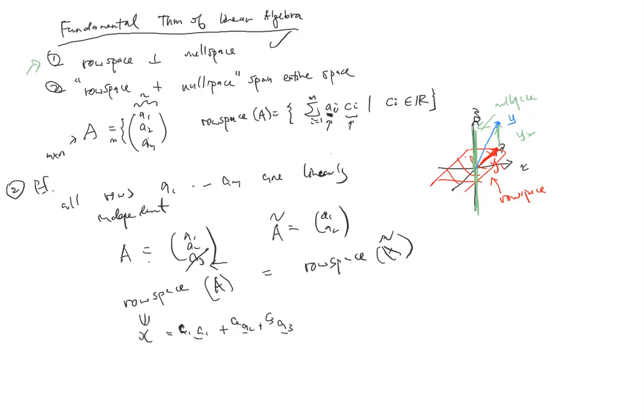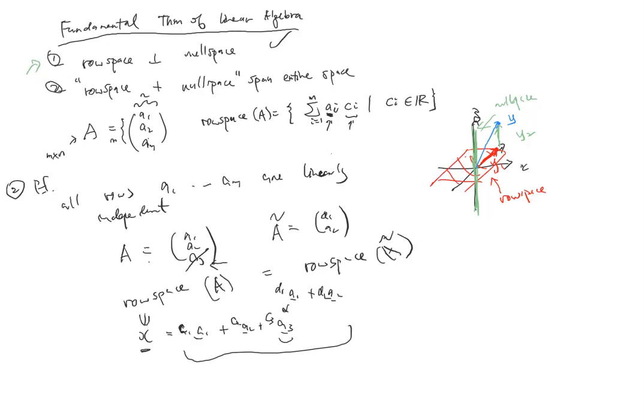So now, because A3 is just a linear combination of A1 and A2, I can just replace this by some D1 times A1 plus D2 times A2. And then I can regroup the terms. And then apparently this x is just a linear combination of A1 and A2 only.